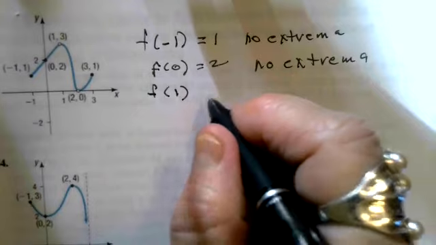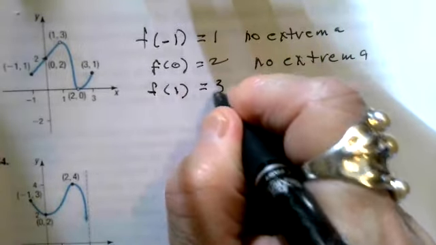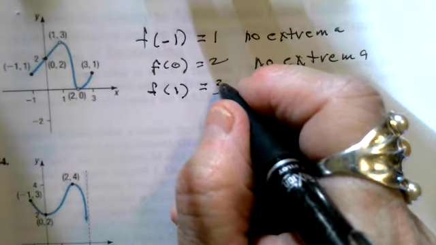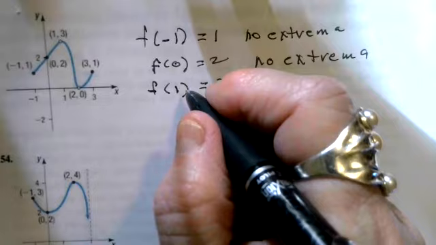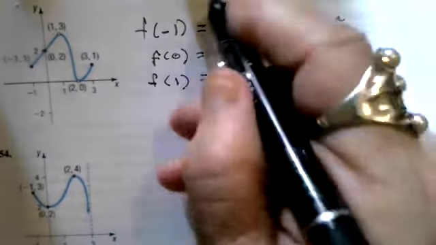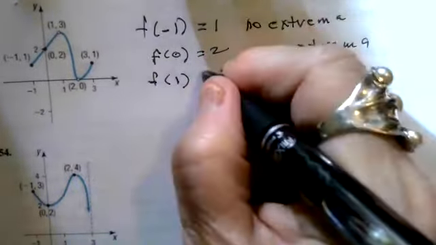Now, is that an open circle right there? If it's an open circle, we really would have to say that f of 1 does not, oh, well, wait a minute. It's got the 0.13.